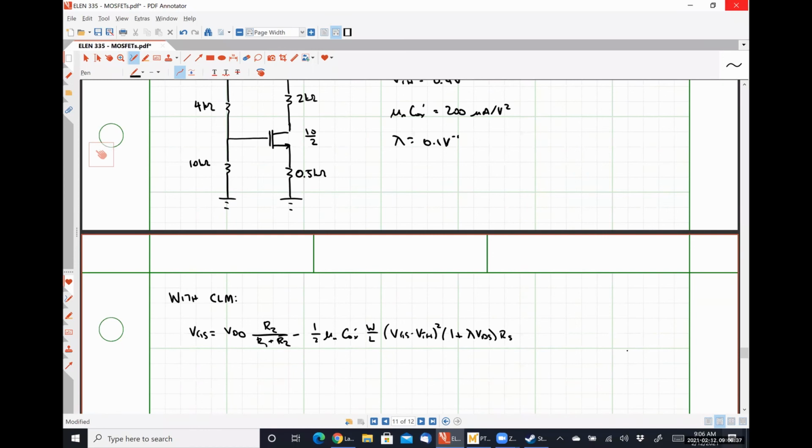So we have one equation with two unknown quantities, both VGS and VDS here. So we need another equation.